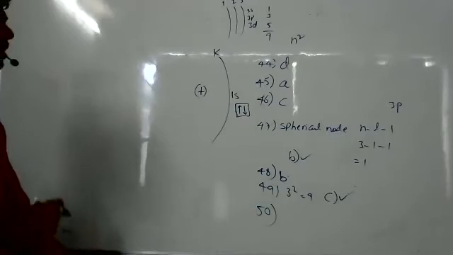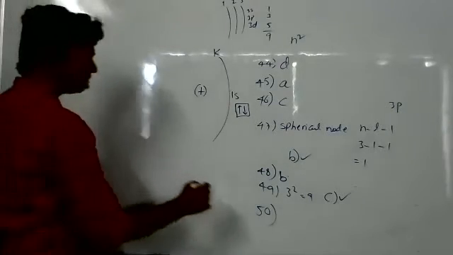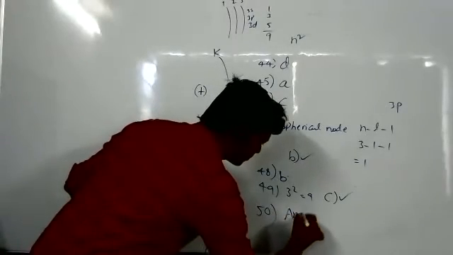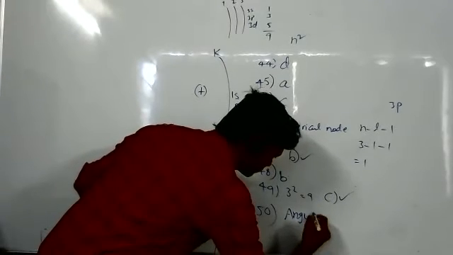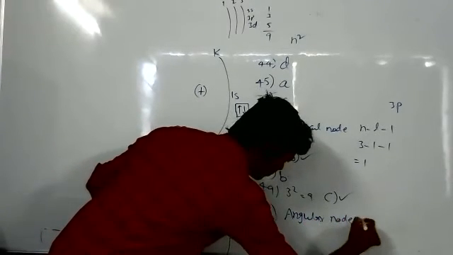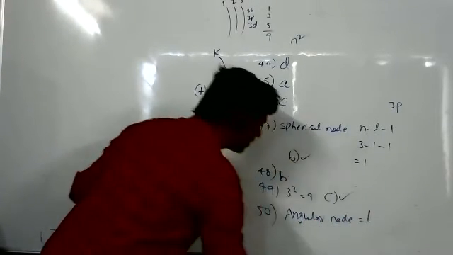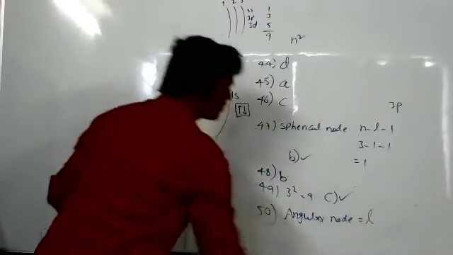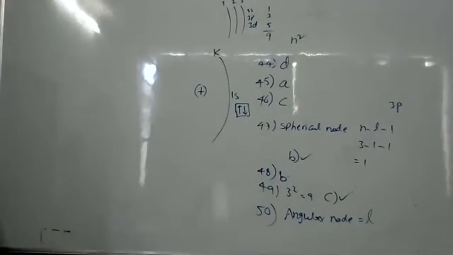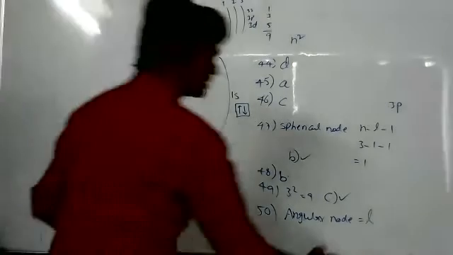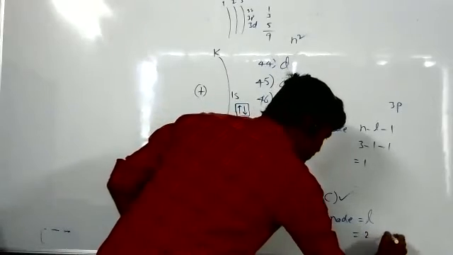Angular nodes formula is only l, whatever the orbital it is. So for 4d, the l value for the d orbital is 2. So option C is correct.